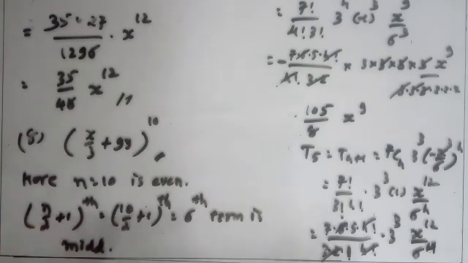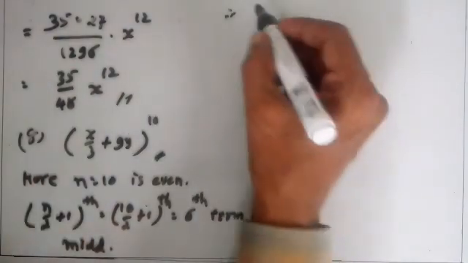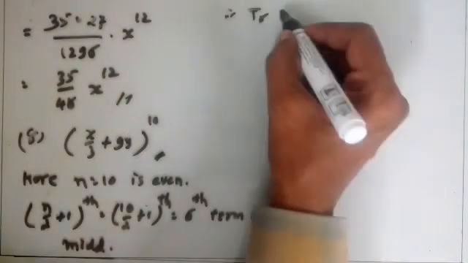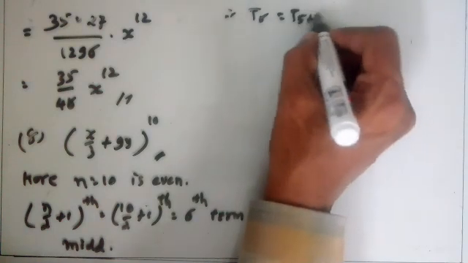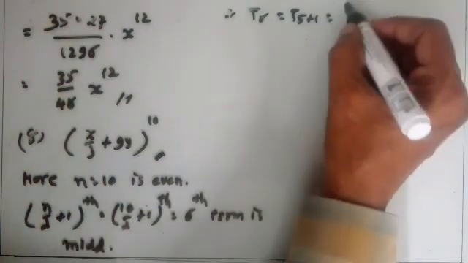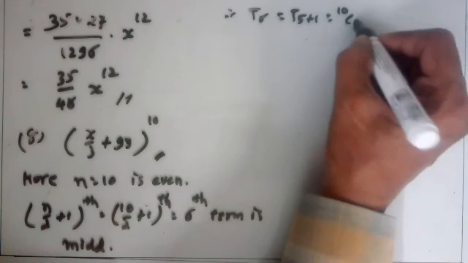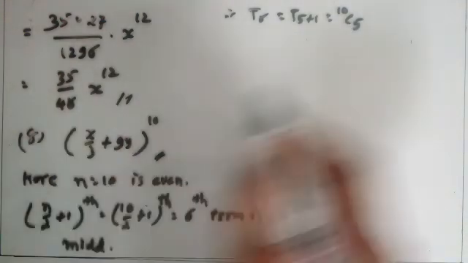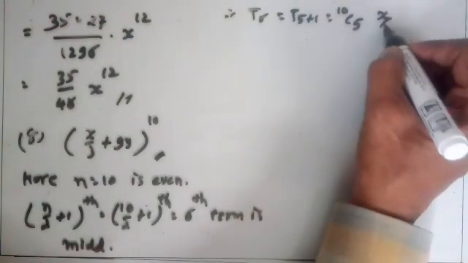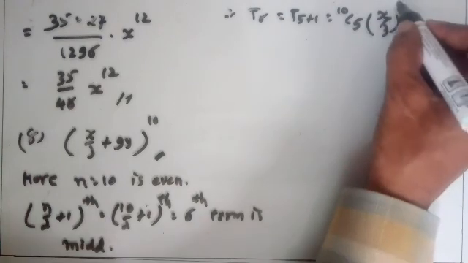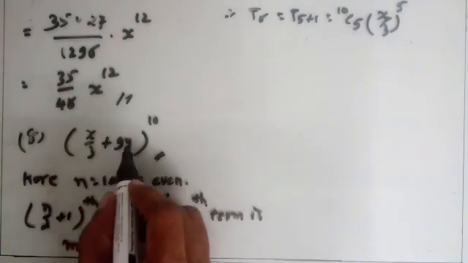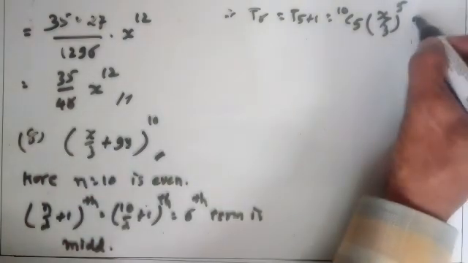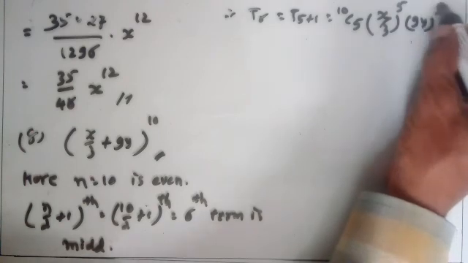Middle term. Now find the sixth term, applying the same approach. Therefore T6 is equal to T(5 plus 1), equal to 10C5 times (x upon 3) raised to 10 minus 5, that is 5, times (9y) raised to 5.